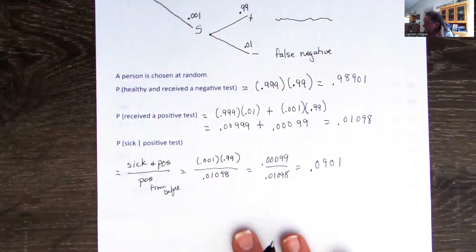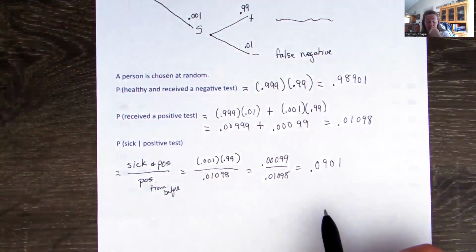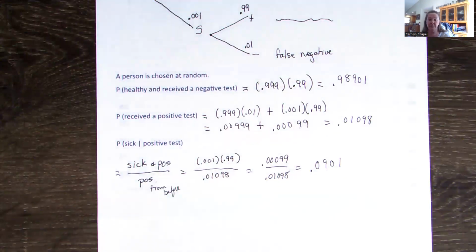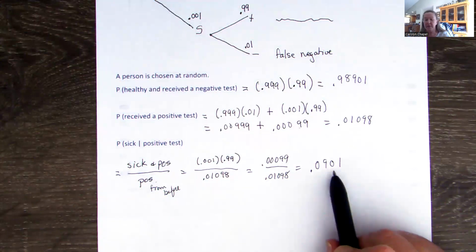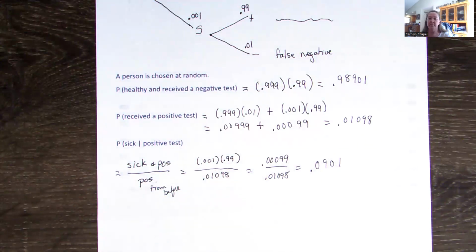So the probability that you are sick, given your positive test, is only 9 out of 100. You would have hoped it was a lot larger.